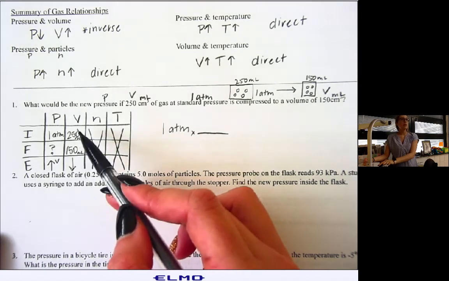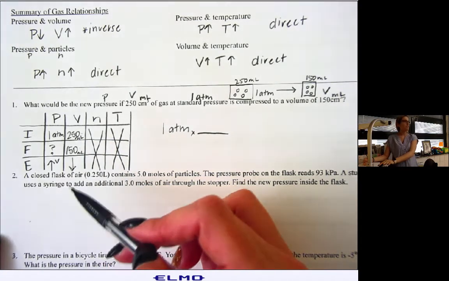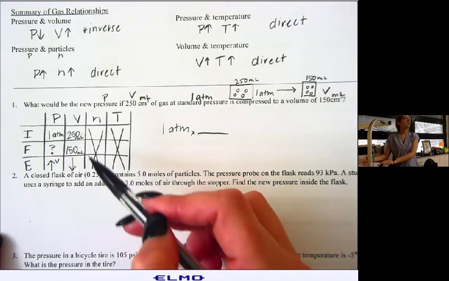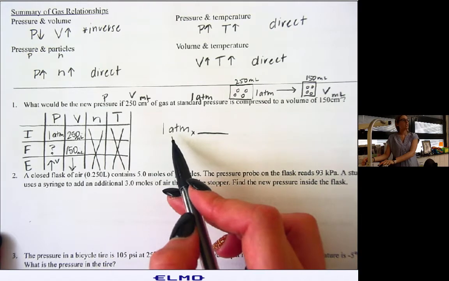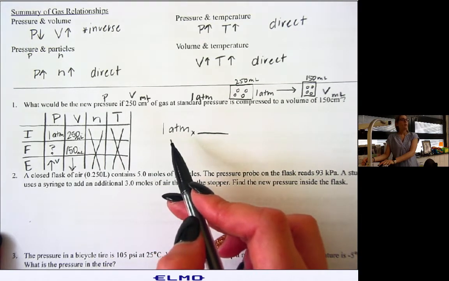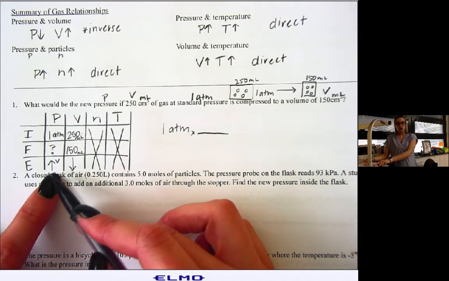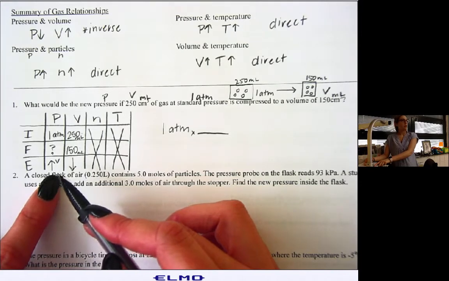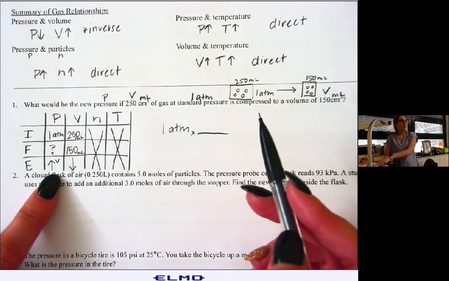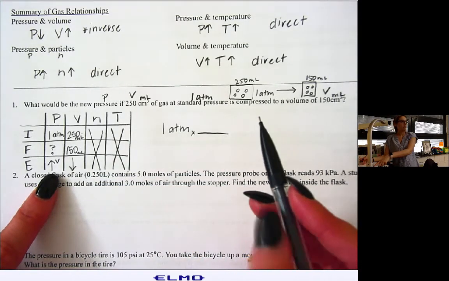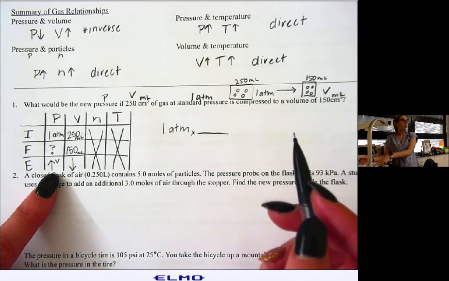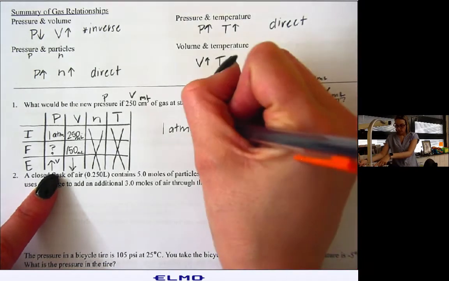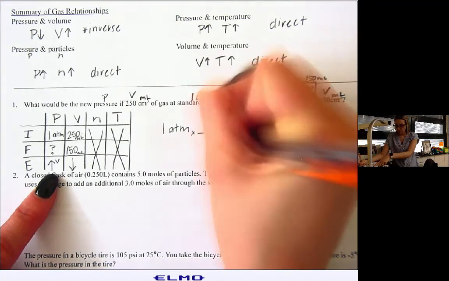So really I'm either multiplying by 250 over 150 or 150 over 250 based on what you want to happen to this number. If I want pressure to go up, should I multiply by a big fraction or a small fraction? You want it to go up, I'm going to multiply by a big fraction.